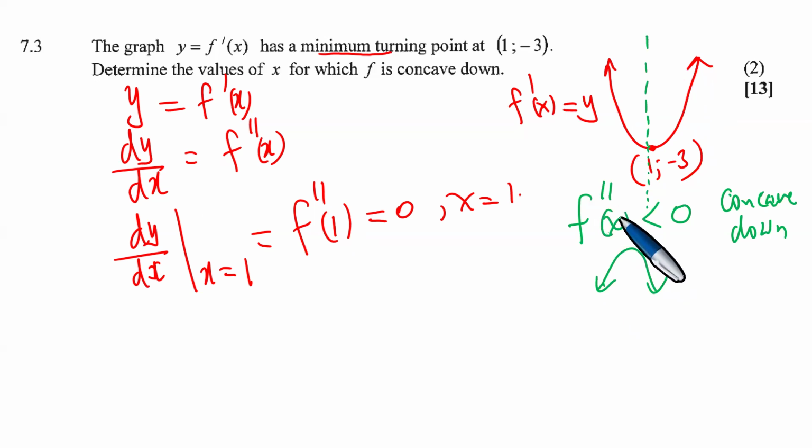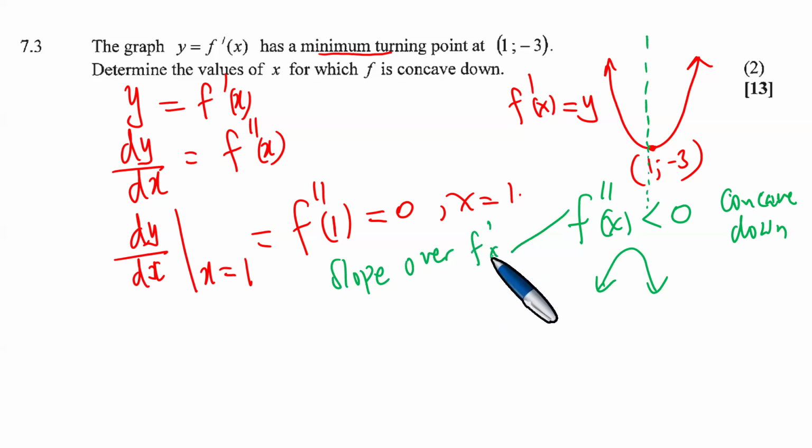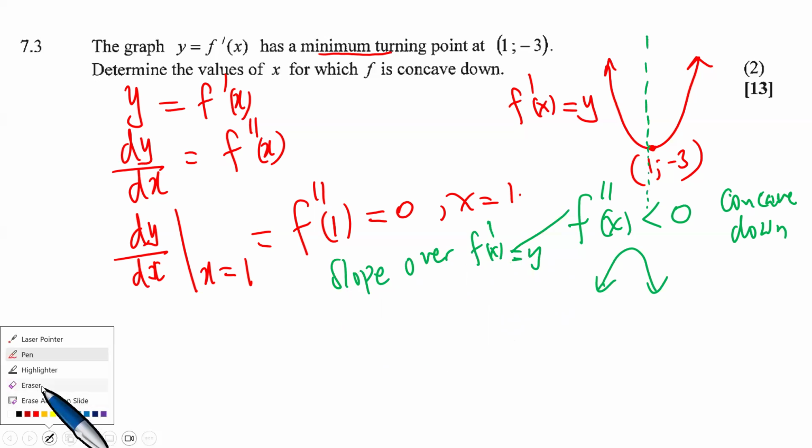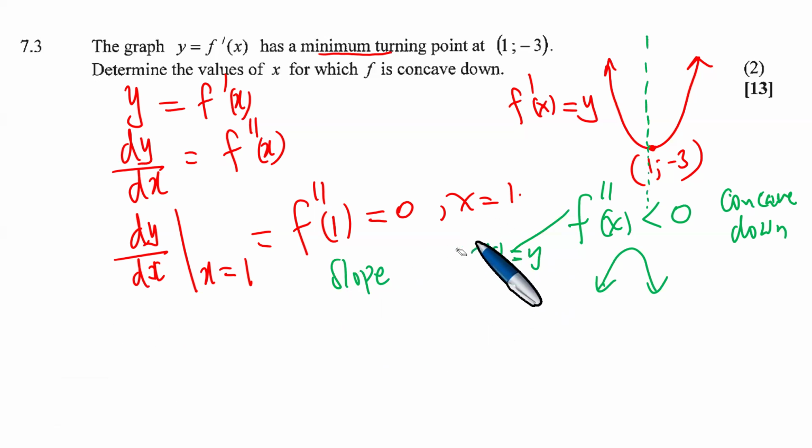The second derivative defines the slope over f prime, f double prime of x.